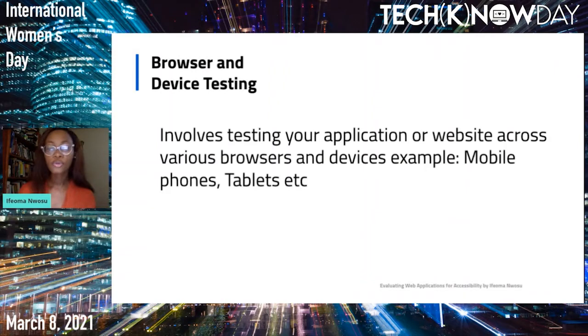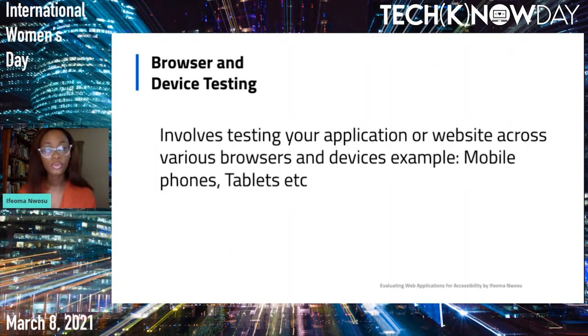Or because I use Chrome, every other person should be using Chrome. Or because I'm using Chrome on my laptop, I believe it will work the same on Chrome for mobile, Chrome for tablet. It doesn't work that way. And there are different devices.